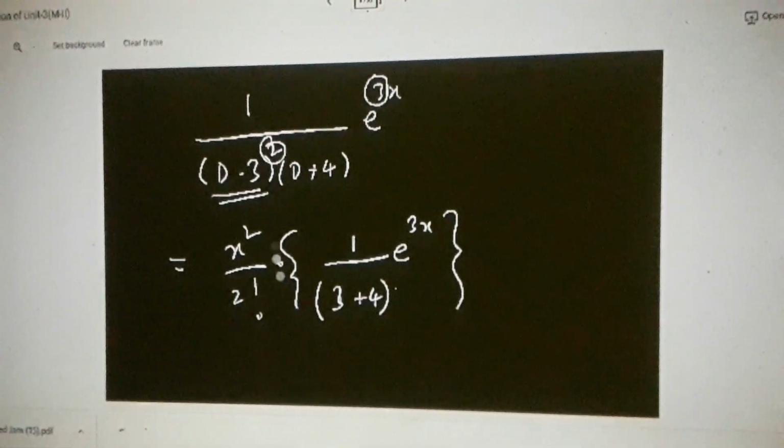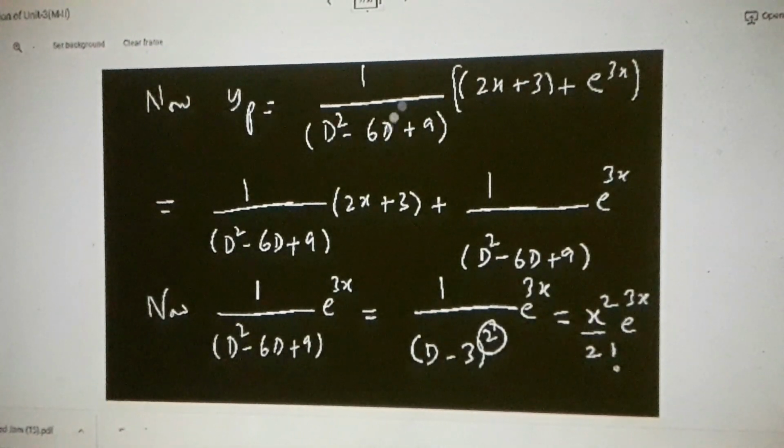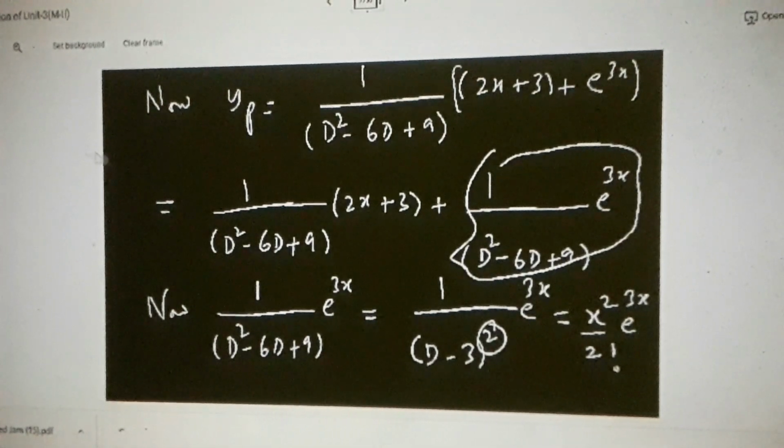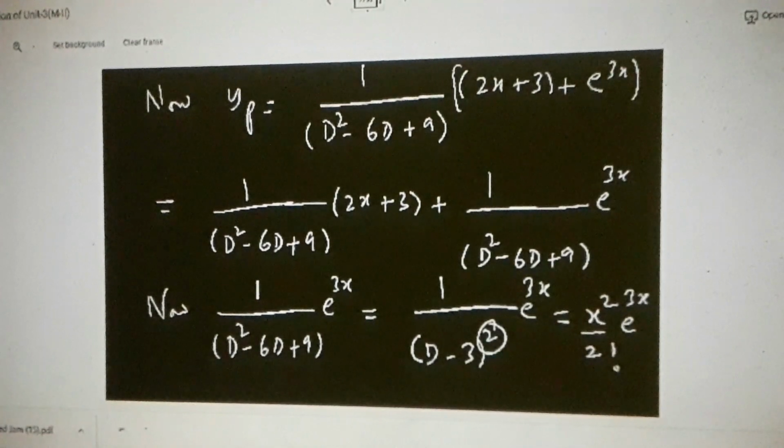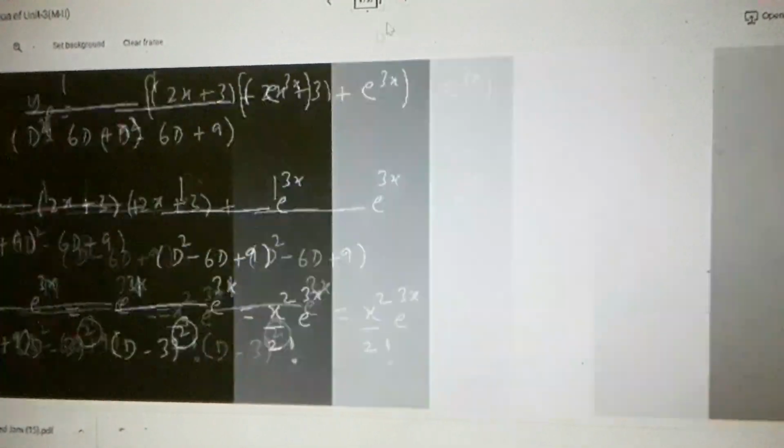On simplification you will get that value. Back to the point. So this part of yp is calculated and we have got this one. So now we will move towards the second part.